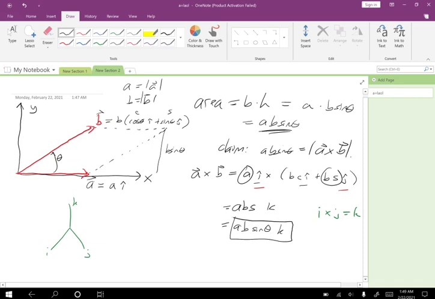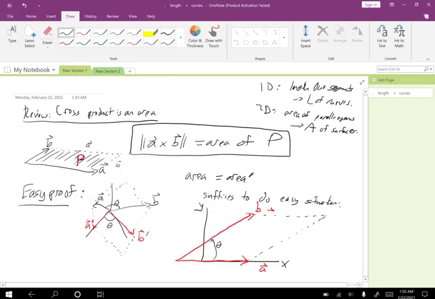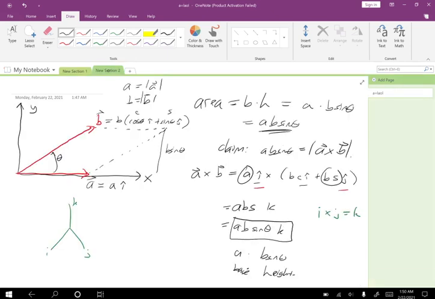So that's exactly what we wanted to show, that the cross product recovers base times height. And again, because we rotated, this applies in general. The length of the cross product is the area of the parallelogram it induces, and this will be very useful when we're trying to compute area integrals.